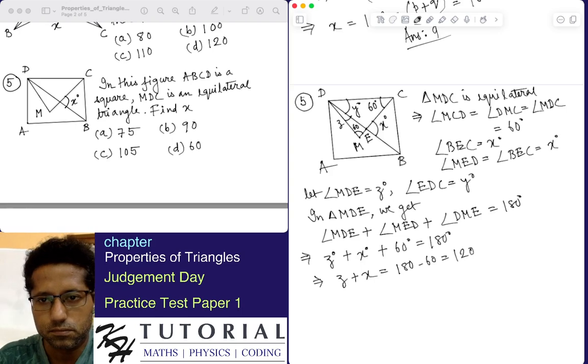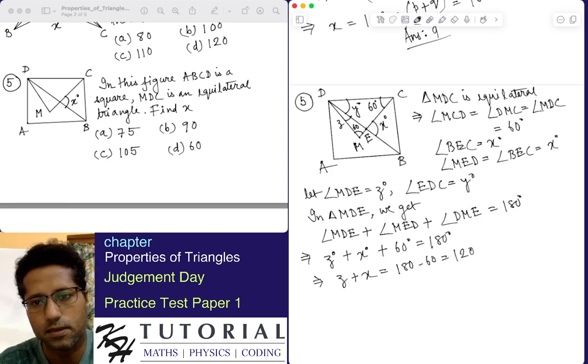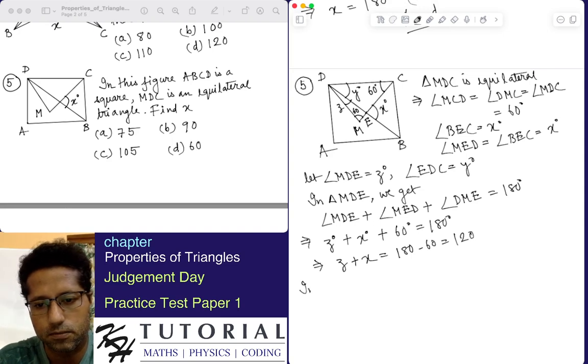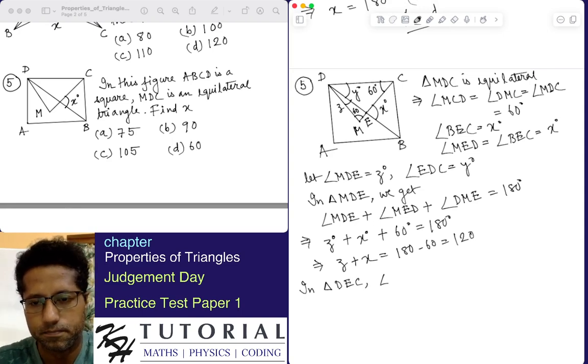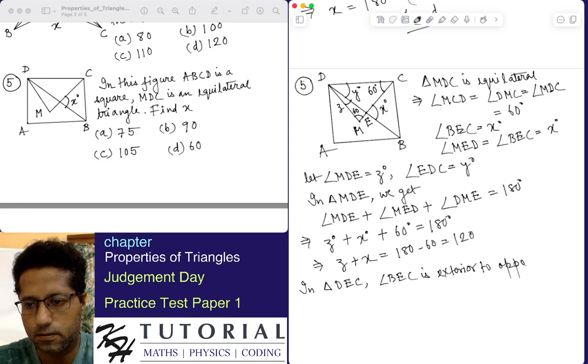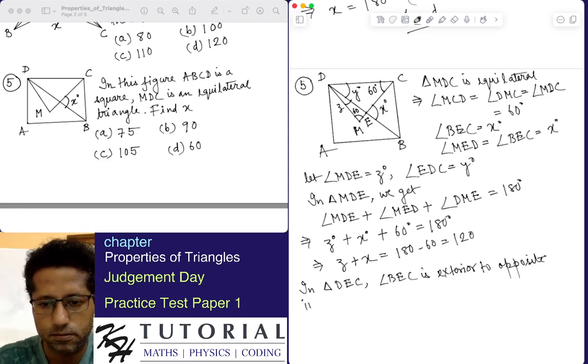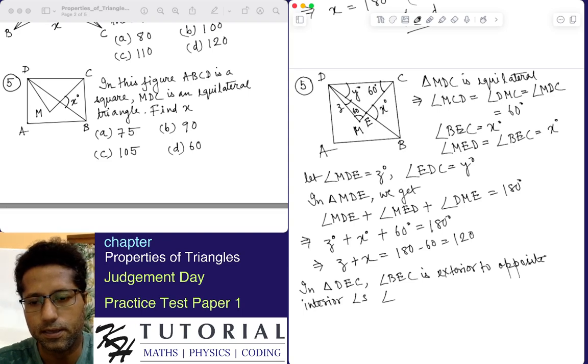Now, we also see that in triangle DEC, angle BEC is exterior to the opposite interior angles, angle EDC and angle DCE.